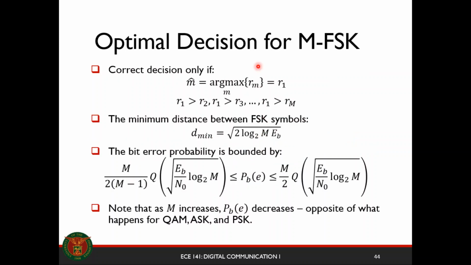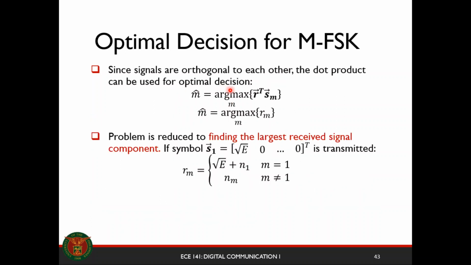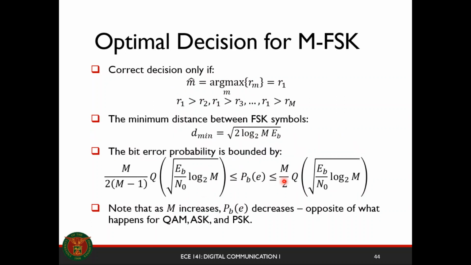The probability of a correct decision, assuming that S1 is transmitted, occurs if you get R1, and that is when R1 is greater than R2, R3, up to R sub m. The minimum distance between FSK symbols is equal to this.